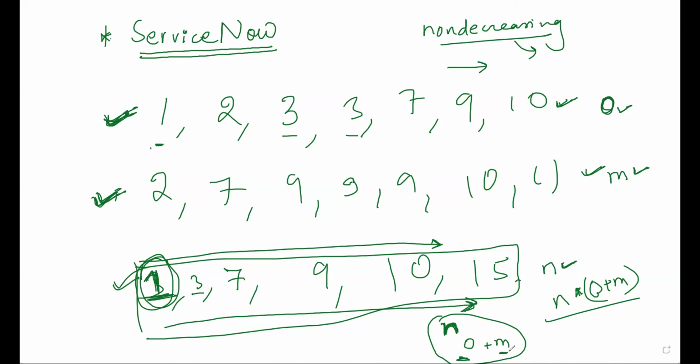So this will take o plus m operations, where o is the length of array 1 and m is the length of array 2. Overall time complexity will be n into o plus m. Or, written formally, the maximum of the two is considered: O of n into max of o, m. Whichever value is maximum will be used.